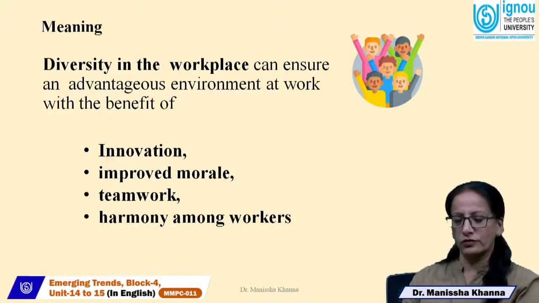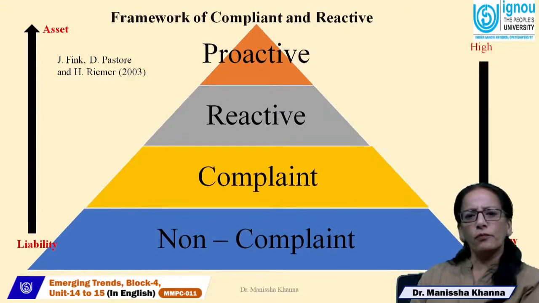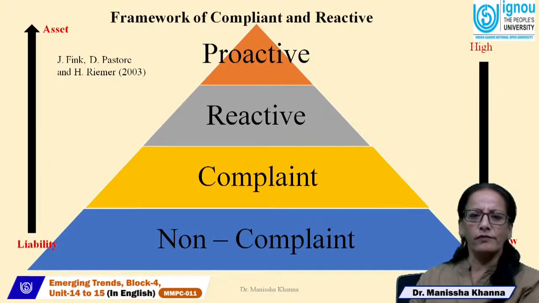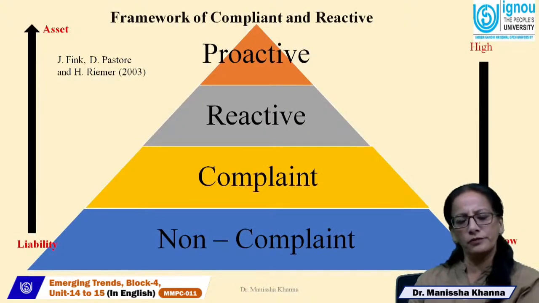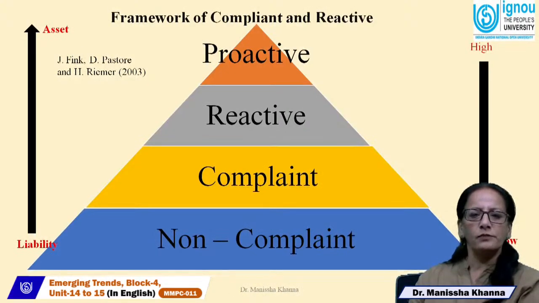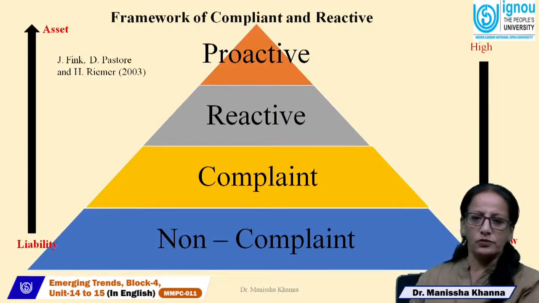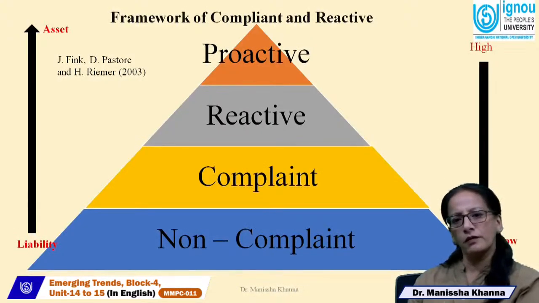So there is a framework of compliant and reactive people. When we talk about diversity at the workplace, the person can be either non-compliant, unable to cope with the current situations, or the person can be reactive.